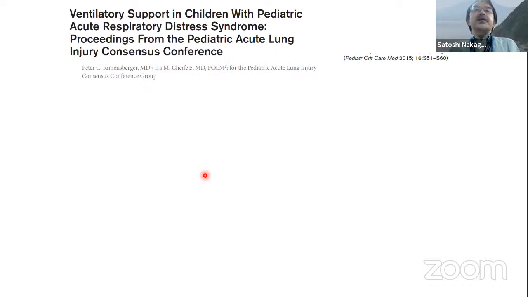This is the public recommendation, the guideline published in 2015 in Pediatric Critical Care Medicine. In the chapter on ventilatory care, Dr. Rimensberger and Dr. Cheifetz described the recommendation on high-frequency oscillation like this.